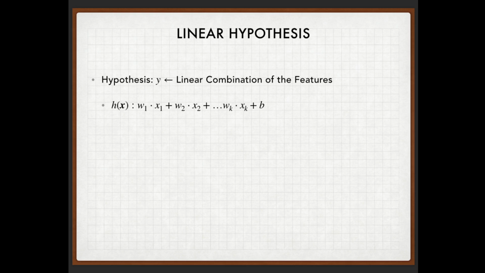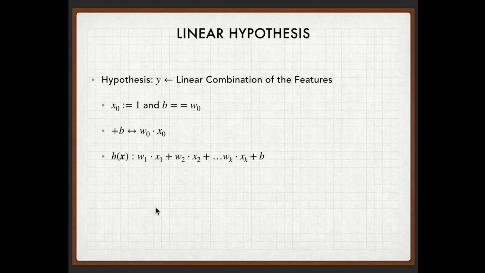This hypothesis can be written in a more convenient form. We can force each data sample to have an extra feature, which is a dummy feature. For whatever sample, we add an attribute X0. The attribute always takes the value 1 as a constant. And we just use another name for the constant we add, trailing the combination of the features. We let it be W0.